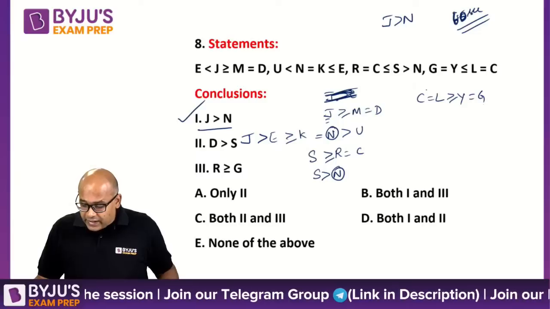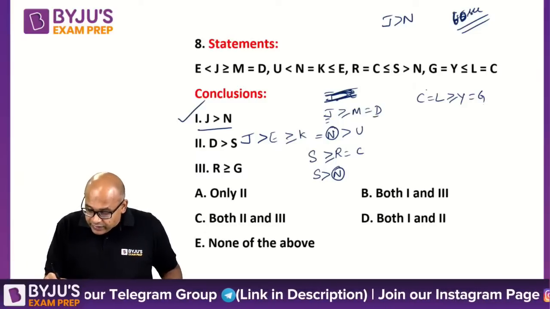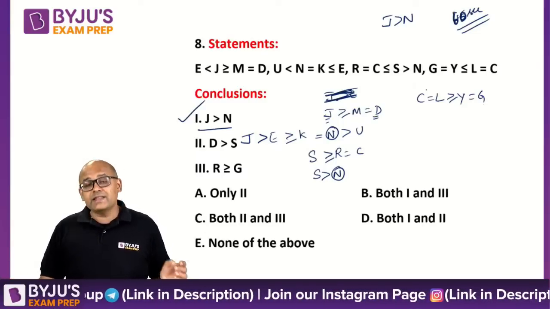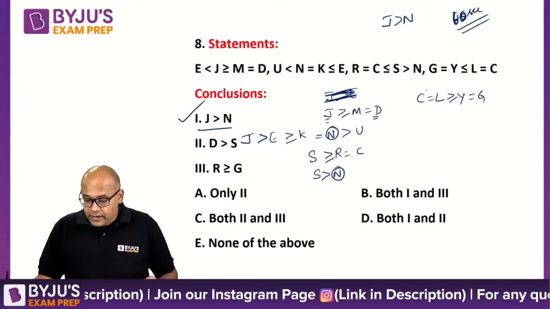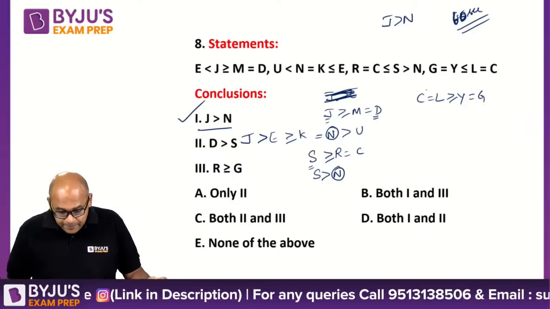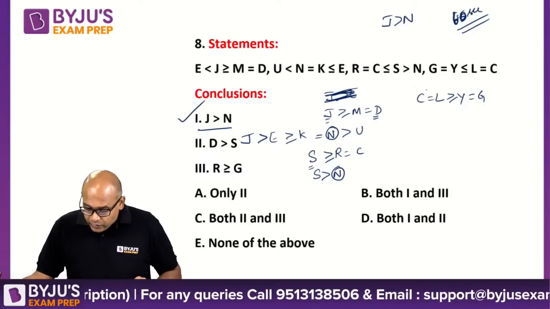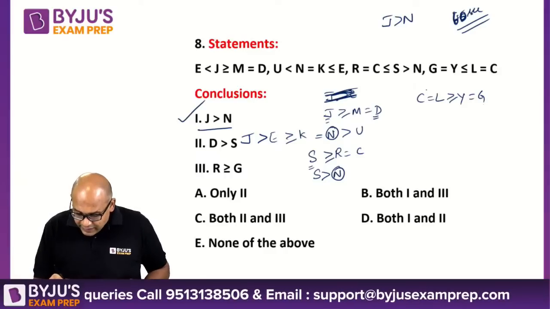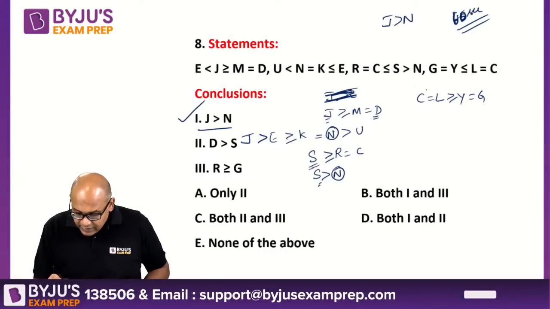What about D greater than S? Where is D? D is over here. So J is greater than or equal to D and S is over here. What is the relationship between S and D? Is there a relation anywhere? S is here and S is here, but there is no relation.